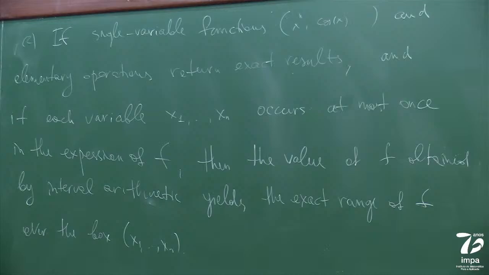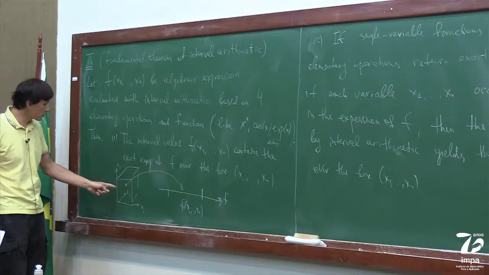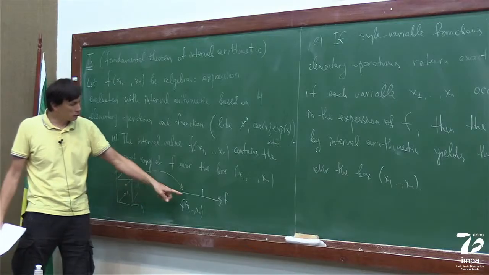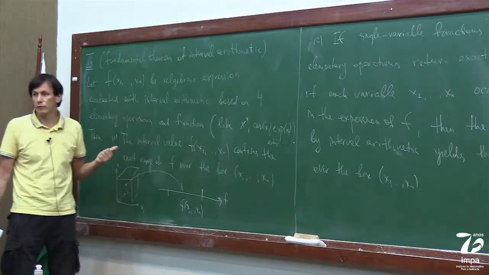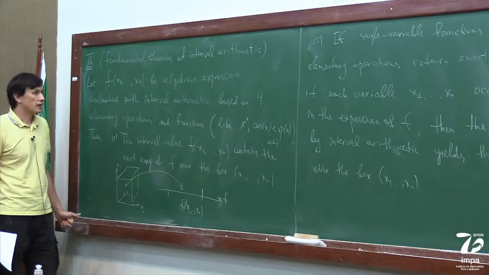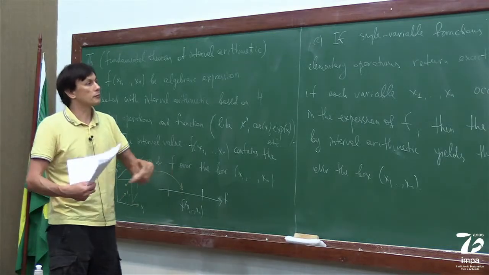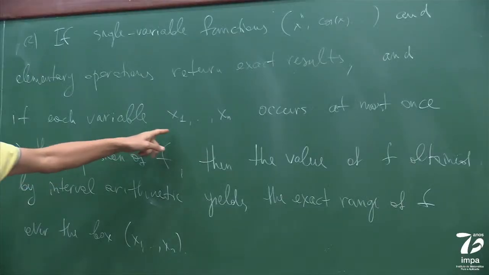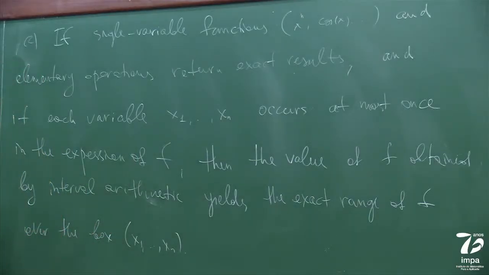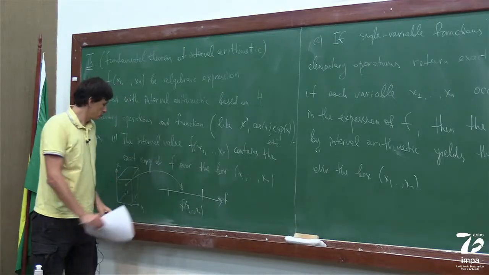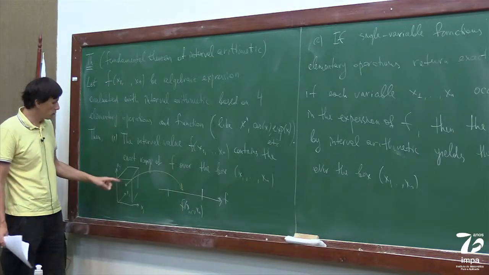So what does it mean? It means the following. The first part tells that whatever point we take, it will be in the interval which will be returned by your function. The second part tells you that if in all these operations every variable just appears once, then it will be the exact range.